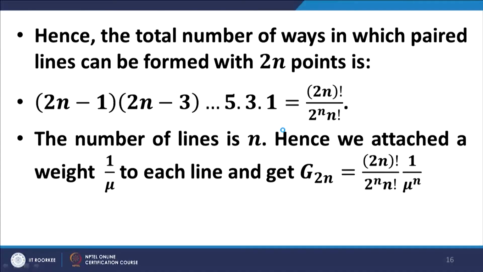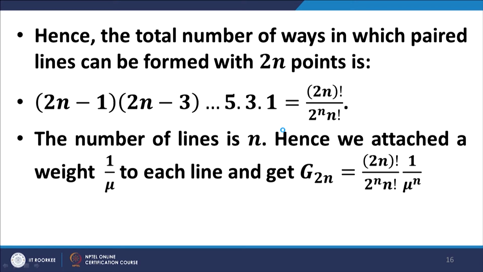So, we have 2n minus 3 ways in which that can be done, and then this process continues until we reach the last factor of 1, and this can be put in a compact notation as 2n factorial upon 2 to the power n into n factorial. And this is the number of lines.